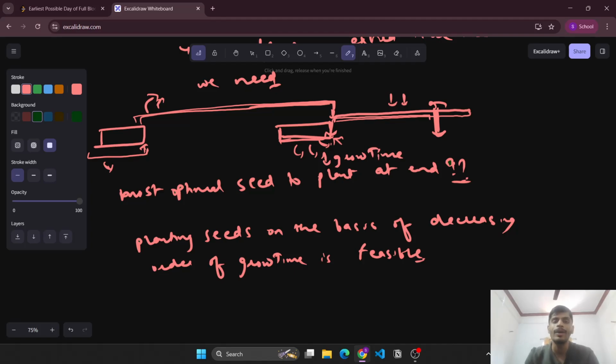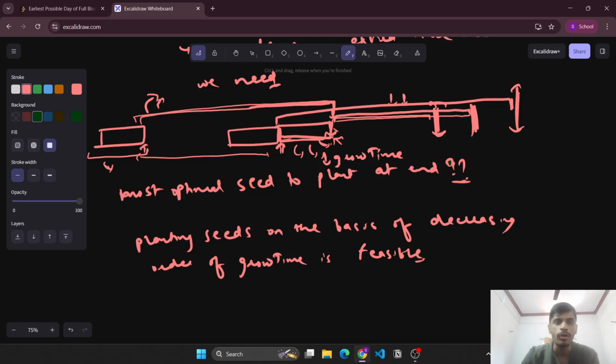Now you might think, suppose we have a seed whose planting was completed here, and it has a greater growing time, so what if its growing time ends here and is greater? Then we'll account for that here. But we have placed the seeds in the most optimal manner, because if we plant a seed further ahead, this right bound is only going to increase.